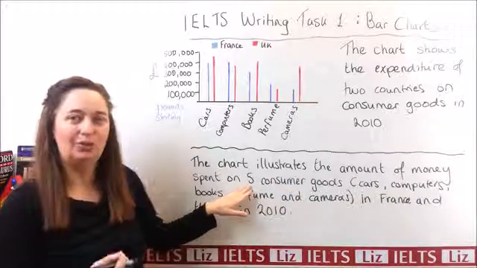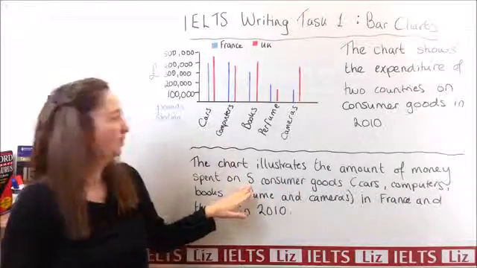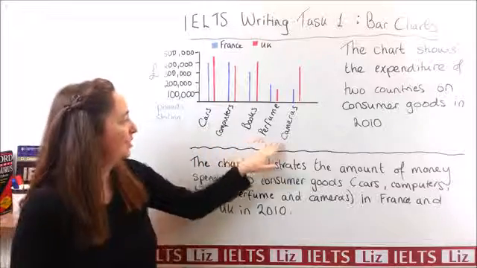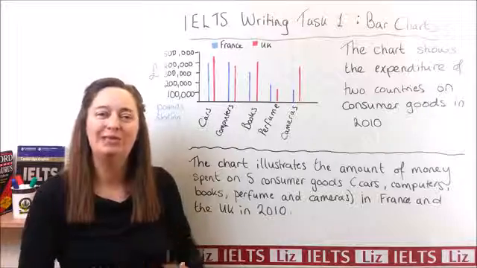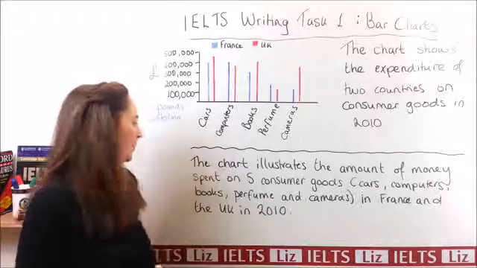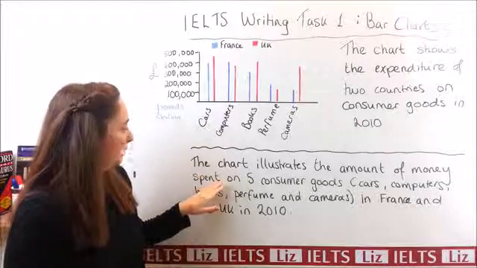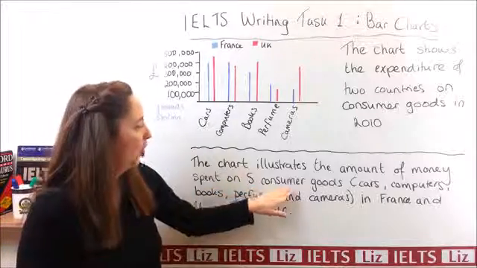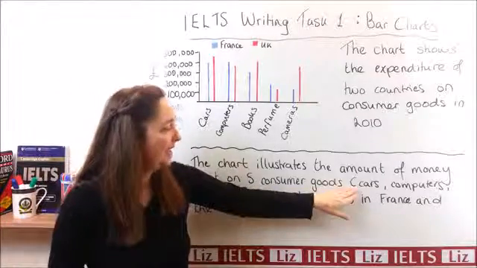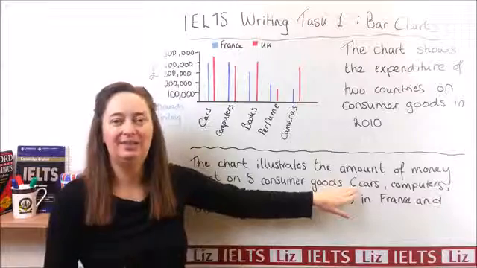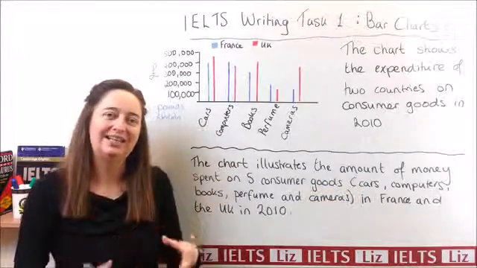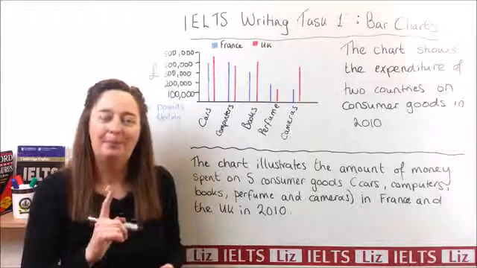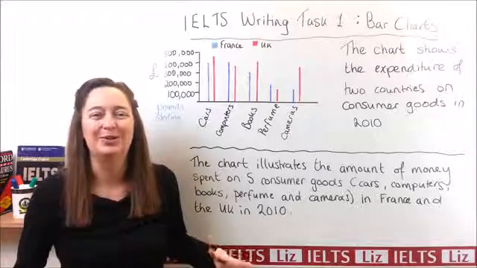But I do add the number. It's time to introduce the categories. Remember, this is your introduction. You want to introduce the information. So the amount of money spent on 5 consumer goods. And here you can see that I have given the list. Now, it's very good to give a list of the categories, but only if it's not too long.